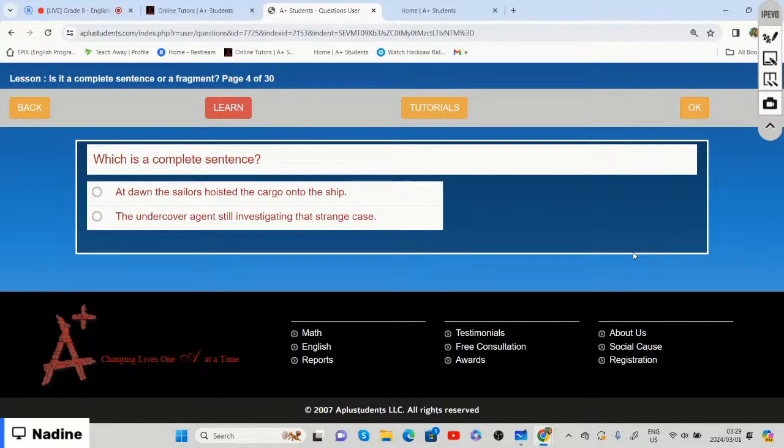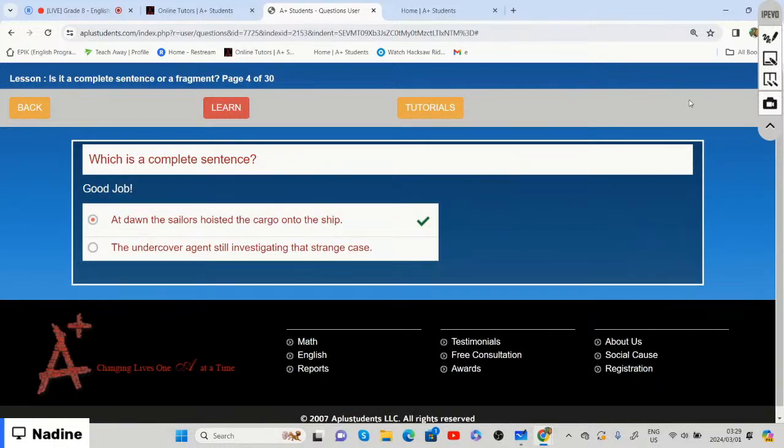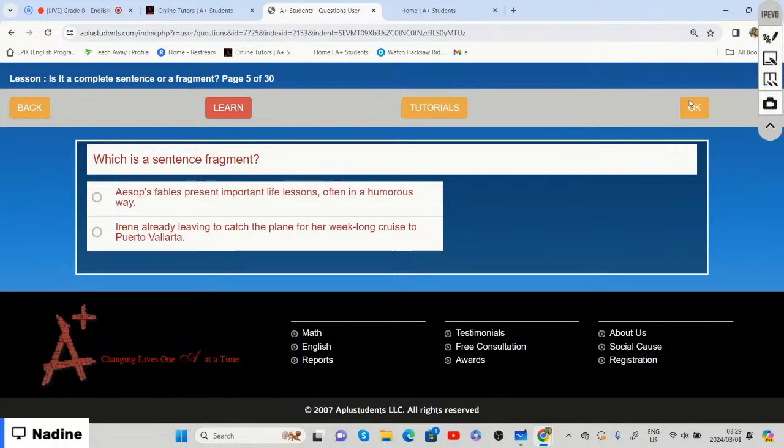So which is a complete thought? We can say at dawn, the sailors hoisted the cargo onto the ship. So that is a complete sentence.